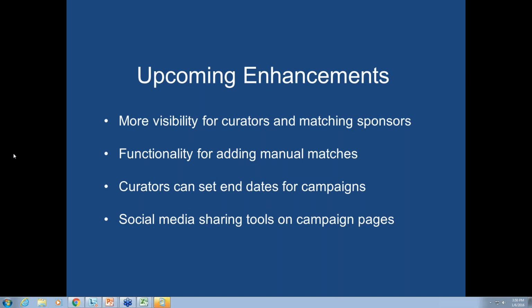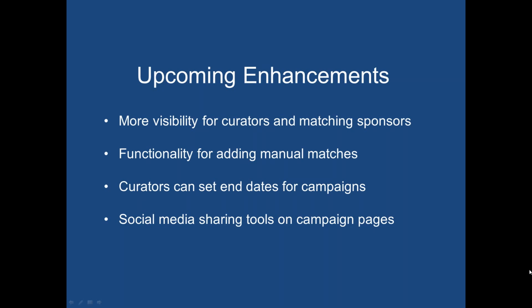A good example is if the ratio allowed for you to match only a portion of a donation, maybe because the maximum match amount capped out with the campaign, you can actually add a match from maybe another sponsor to complete the match for that one donation. Or if there are any special circumstances regarding your matches, Virginia will be able to add that manual match and it'll show up in your reports and in the campaign total.